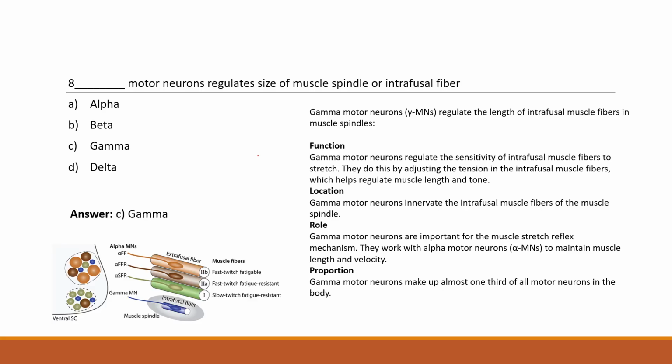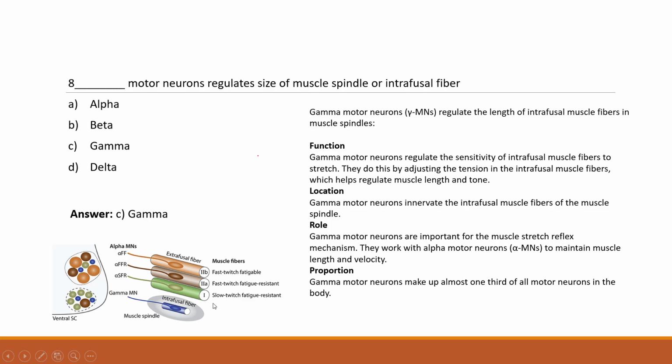So here you can see this is your muscle fiber, and this is your intrafusal muscle fiber, and these are your extrafusal muscle fibers. So here you can see you have your alpha motor neurons, and in that again you have 1, 2A and 2B. Each one is for a different purpose.